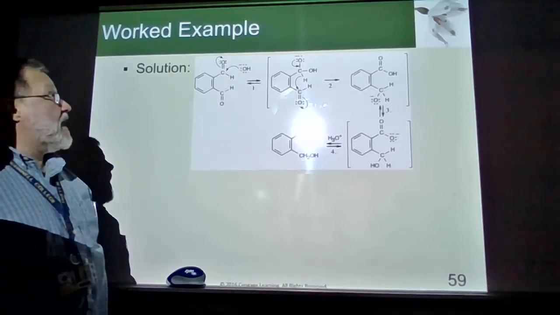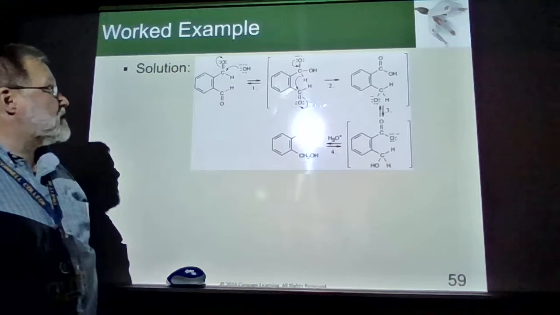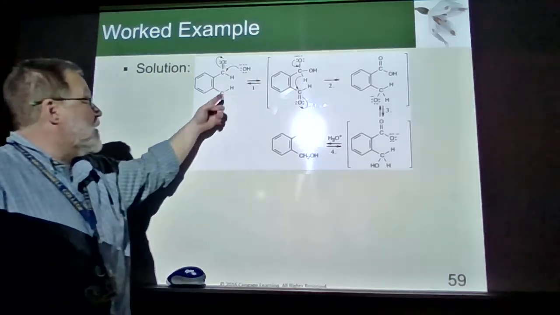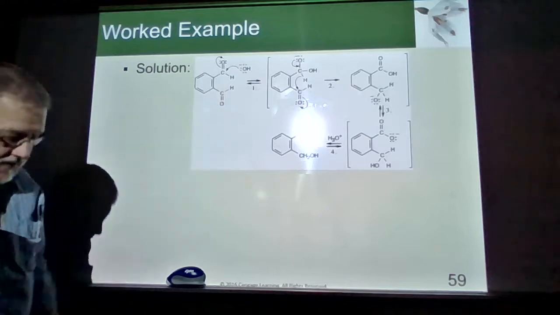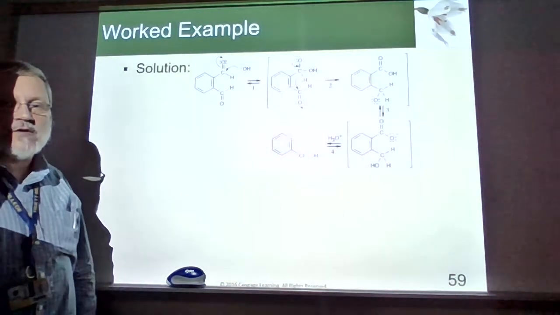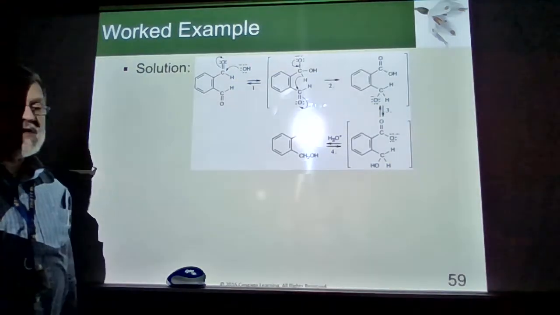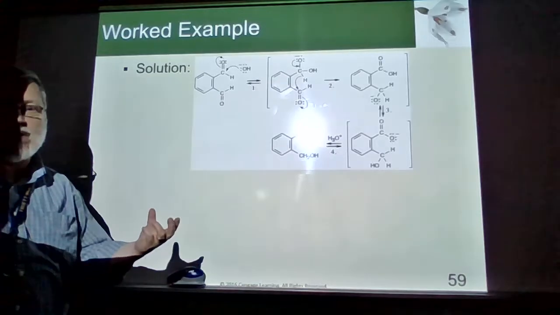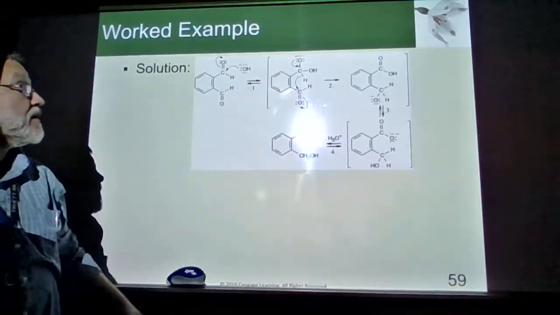Nucleophilic attack of the oxygen on the electrophilic carbon breaks the carbon-oxygen double bond. Notice this C=O is in the correct spatial position such that this can be an internal hydride transfer reaction. This doesn't have to bump into anything else. It can happen as soon as this intermediate is formed.